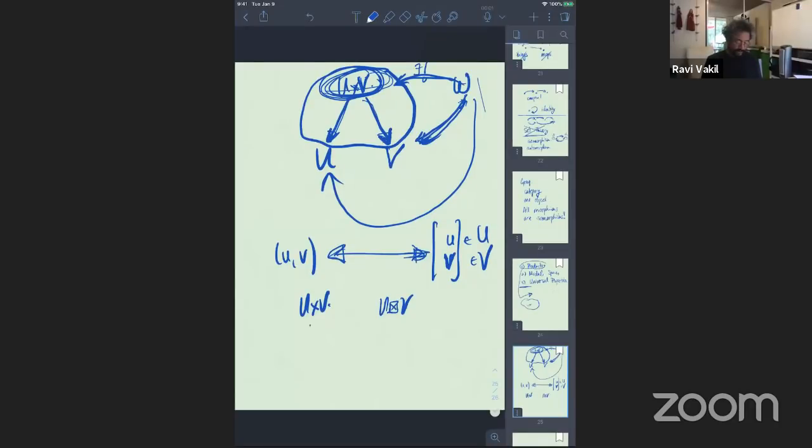Yours comes with a map to U and V, and mine comes with a map to U and V. And by your universal property, I know that anything mapping to U and V, such as mine, has a unique map like this that makes this diagram commute, that makes these triangles commute, that factors this into this and this into this.